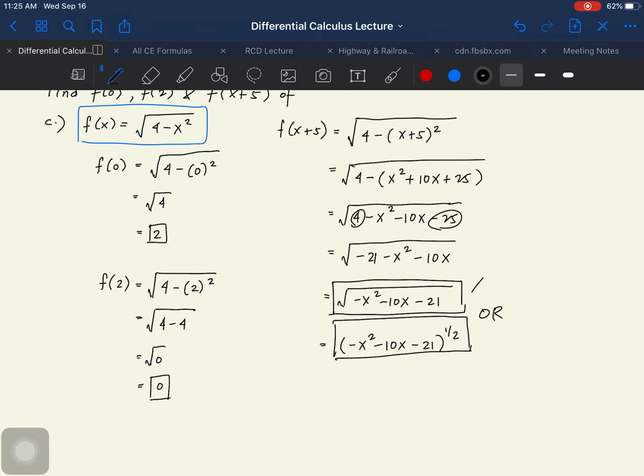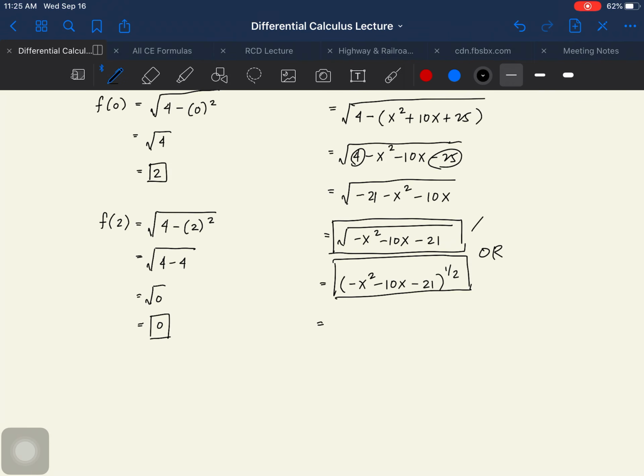Or another form of answer that I could accept with this kind of problem is when you remove the negative sign. You hate the negative sign. How? Well, it is the square root of, so you remove the negative sign so that x squared becomes positive, 10x becomes positive, then 21. So that when you distribute this negative sign inside, you will still arrive at a similar answer.